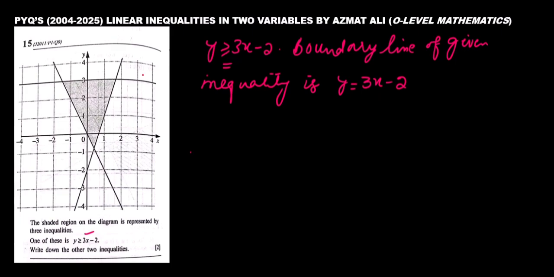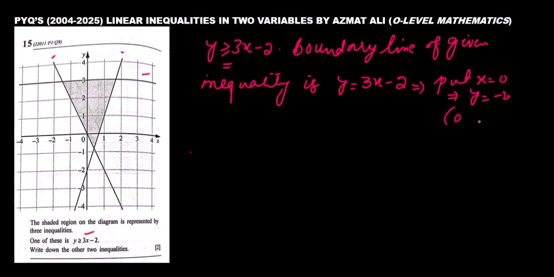So now you have to identify which line represents y is equal to 3x minus 2. It cannot be this horizontal line, because a horizontal line passes through a single value, 3, and similarly a vertical line cannot involve both of the variables. So one of these two lines represents y is equal to 3x minus 2. The easiest method is to find its x and y intercepts.